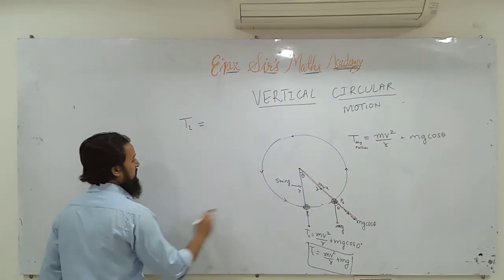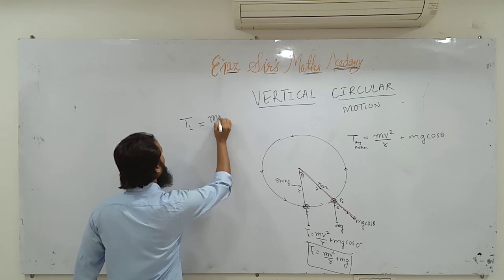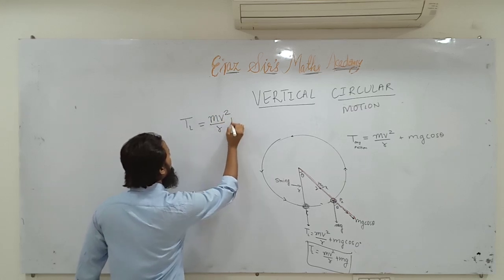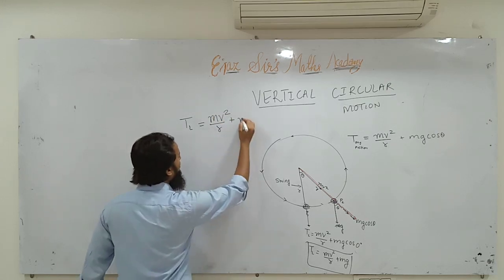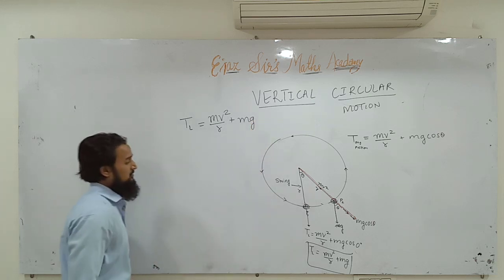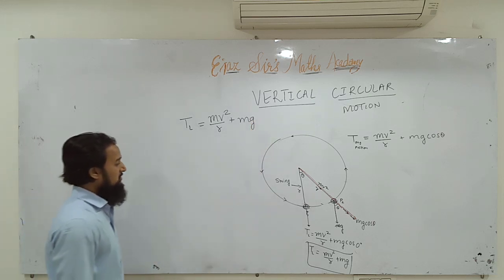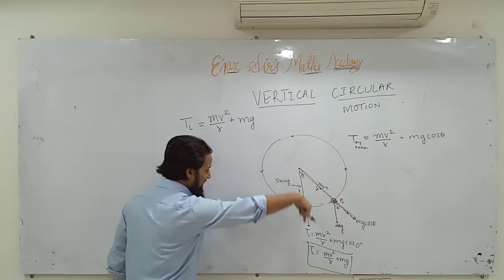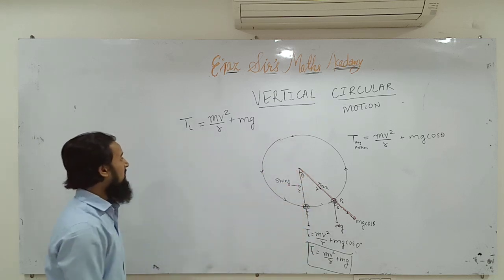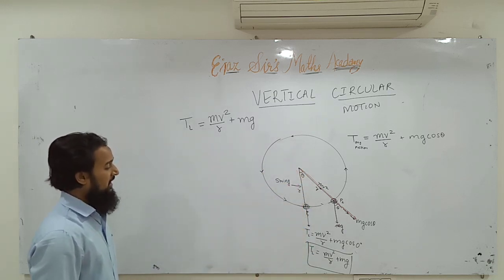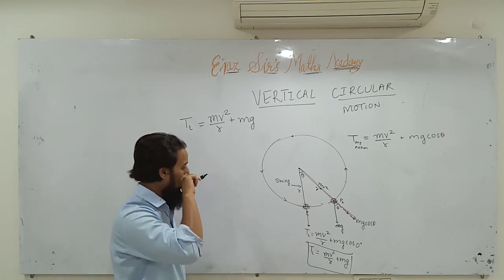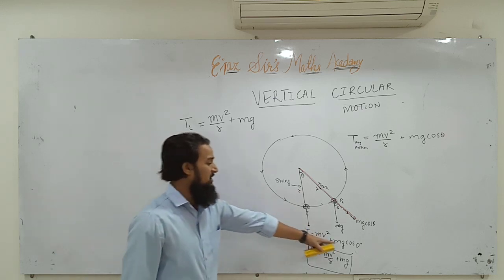Stretch in the string at the lowest position will be centrifugal force added to weight of the stone in vertically downward direction. So in this position, tension at the lowest point will be mv square by r plus mg. And why only mg? Why not mg cos theta? Because theta is 0, so mg cos 0.